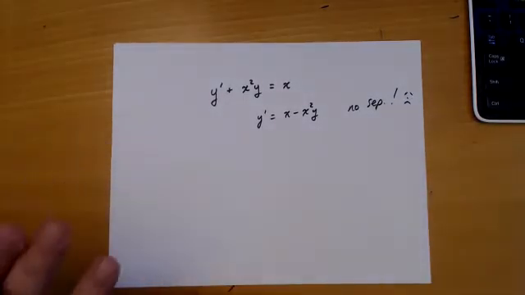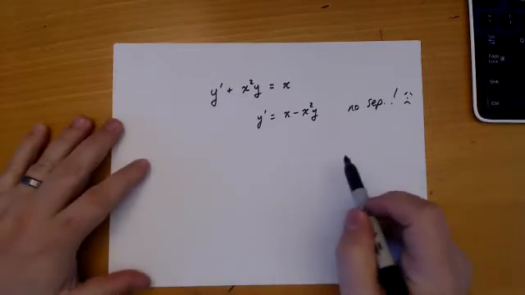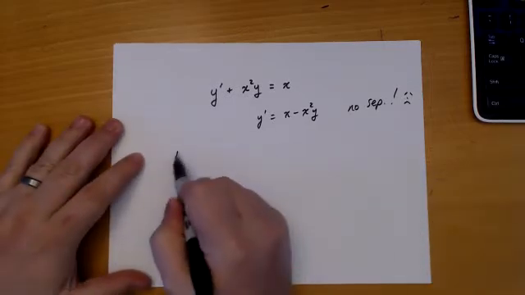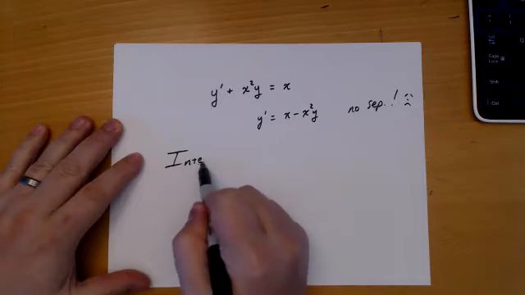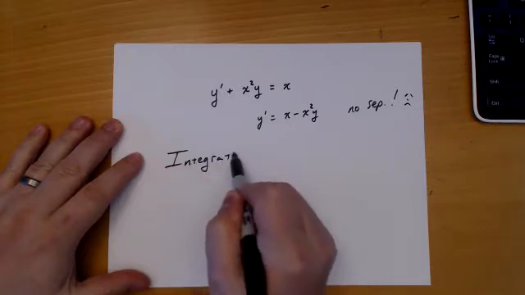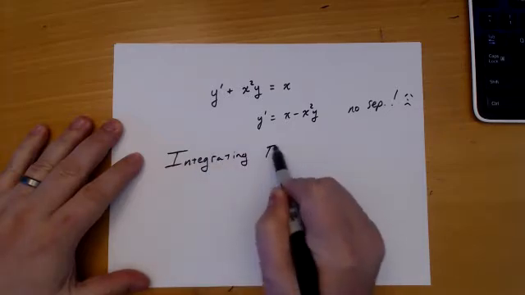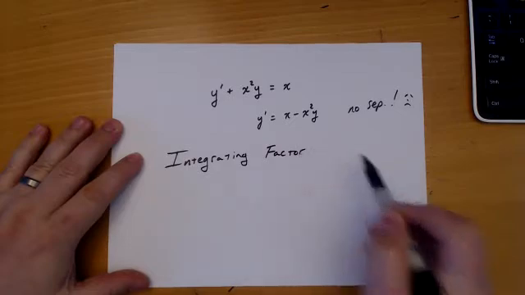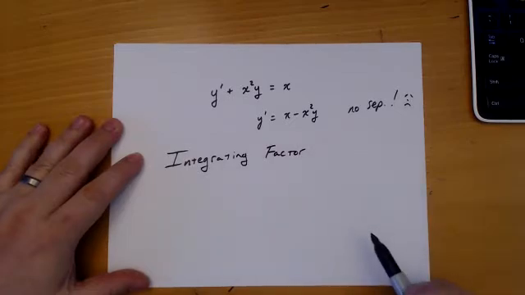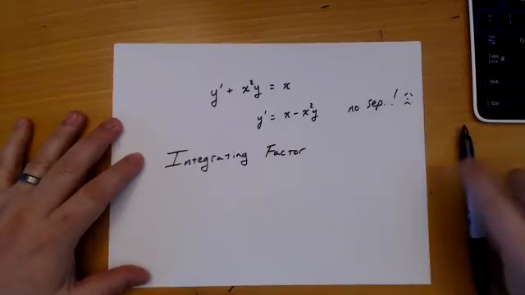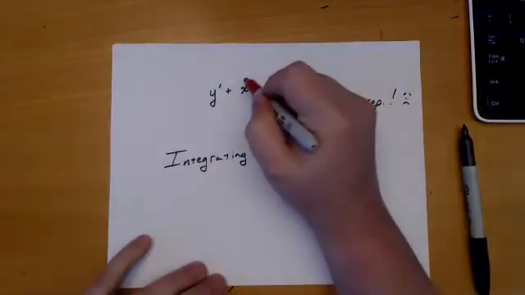So what we do is a very, very interesting little trick. And I don't know who came up with it, but whoever it was, pretty slick. We introduce what is called an integrating factor. The integrating factor comes from this.